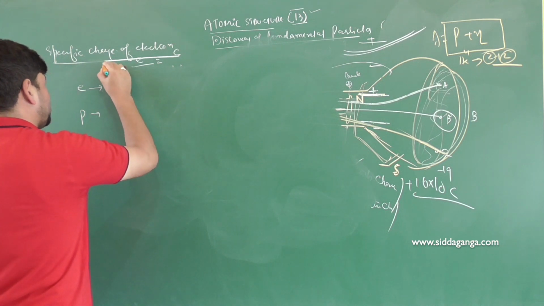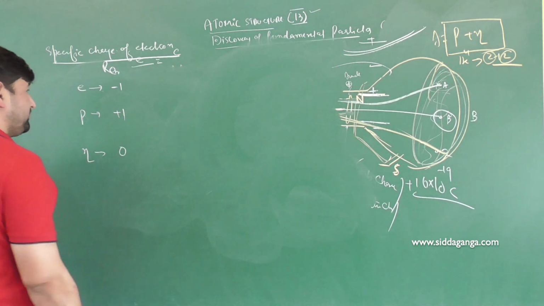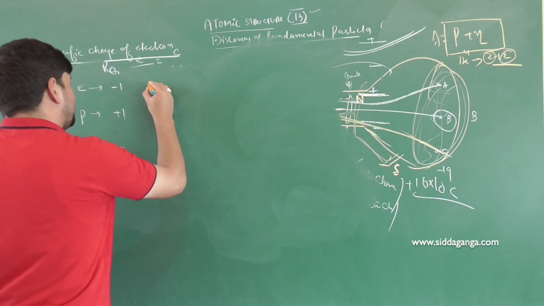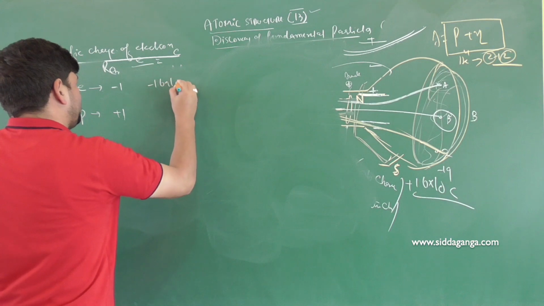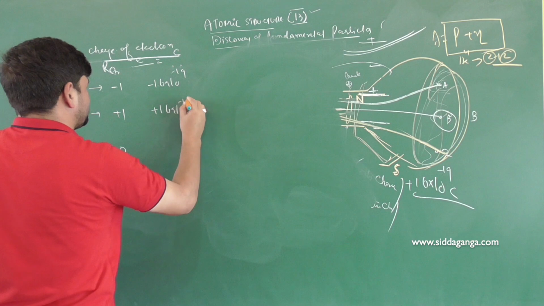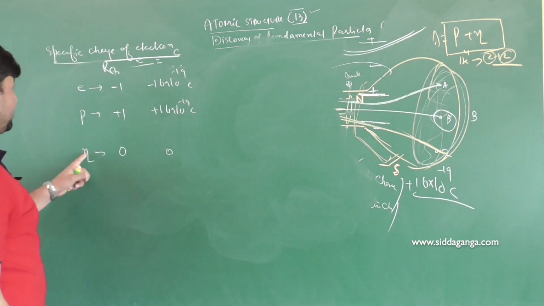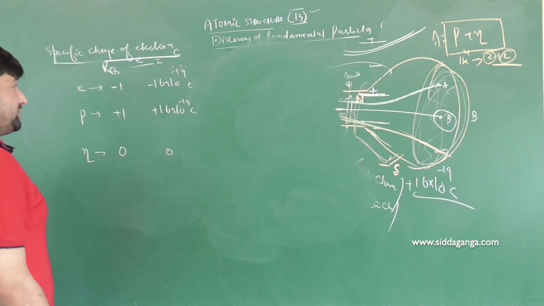Minus 1, it's a relative charge. For proton it is plus 1, for neutron it is 0. Then what is the absolute charge? 1.6 into 10 to the power minus 19 coulomb. For neutron there is no charge, charge is 0 here.